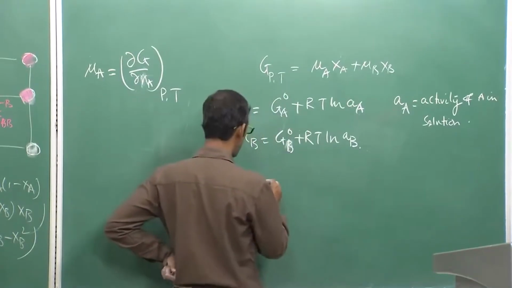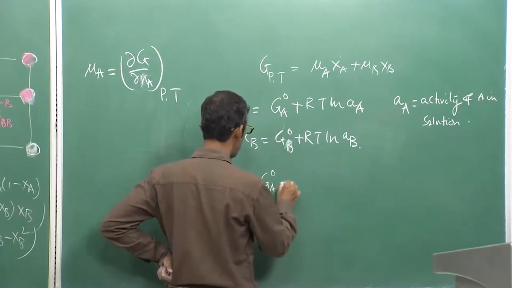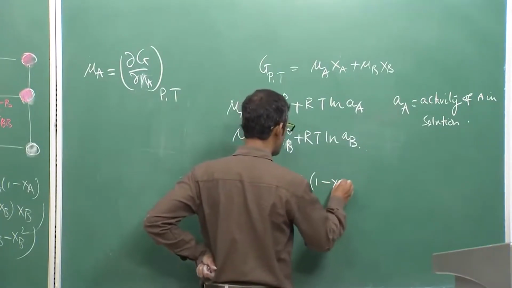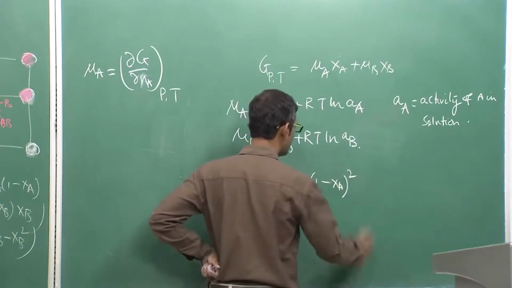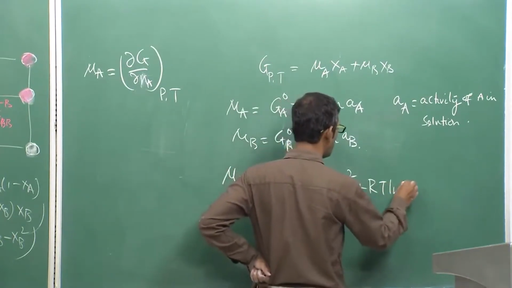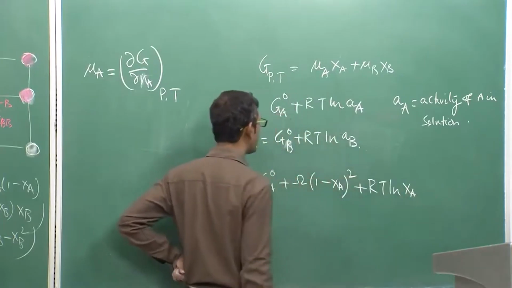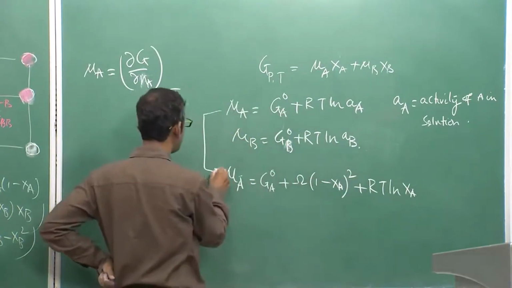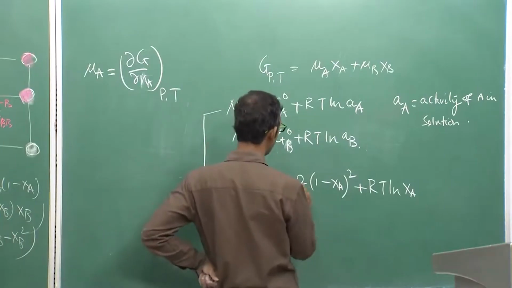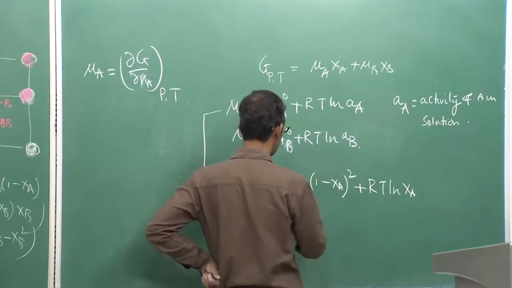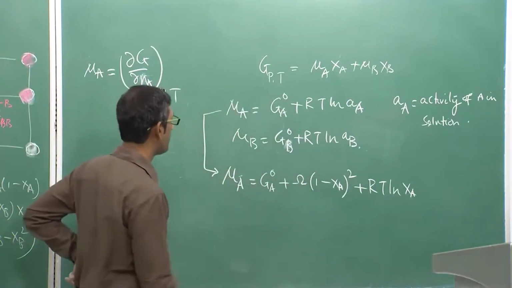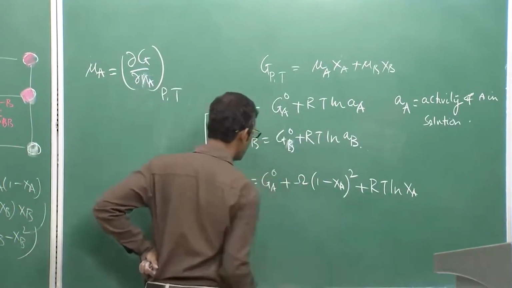Okay. So this is GA0 plus gamma multiplied by (1 minus XA) squared. This is what I am asking you to derive, plus RT log of XA. So what did I do? I converted from here to this. What I added is basically one term, gamma, multiplied by (1 minus XA) squared, plus RT ln XA.